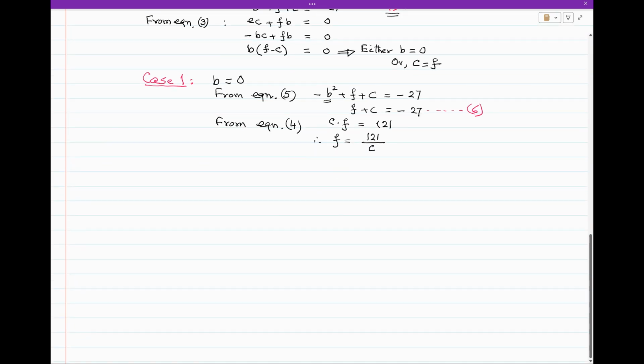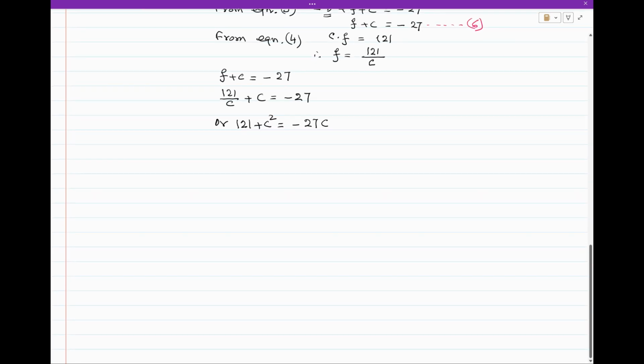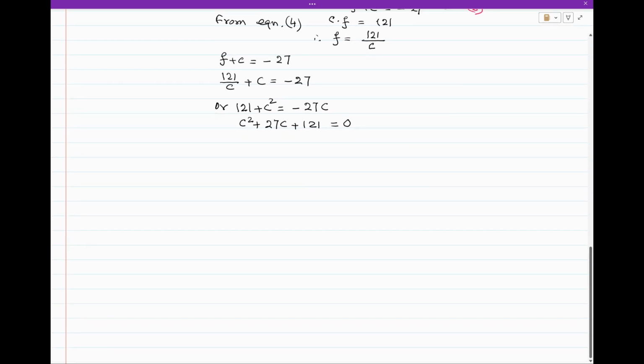Putting this value of f in equation 6, we get 121 by c plus c is equal to minus 27, or 121 plus c square is equal to minus 27c, and bringing all of them to one side, we get c square plus 27c plus 121 is equal to 0.